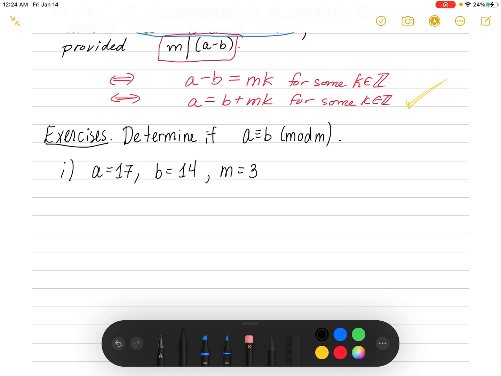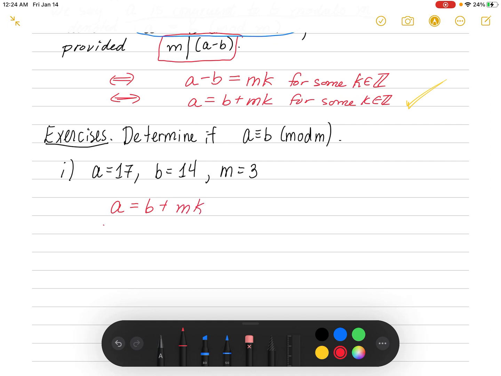So to figure out if a, 17, is congruent to b, 14, modulo m, 3, we want to see if we can write an equation of this form: a equals b plus m times some integer k.